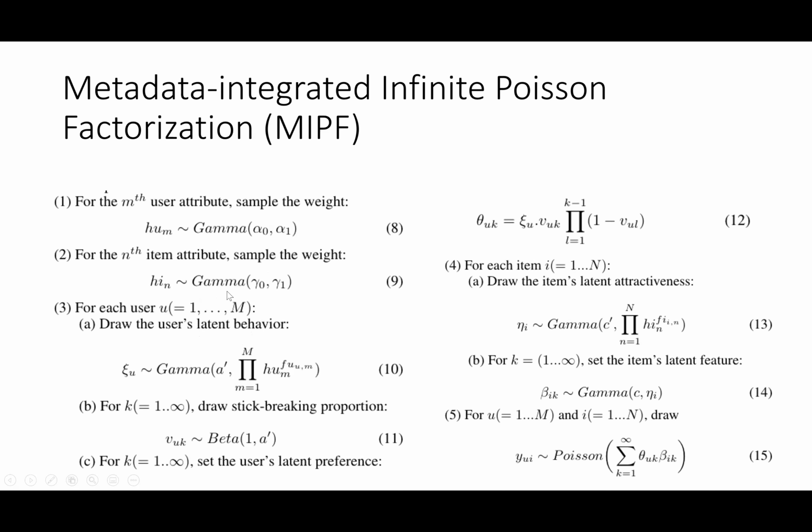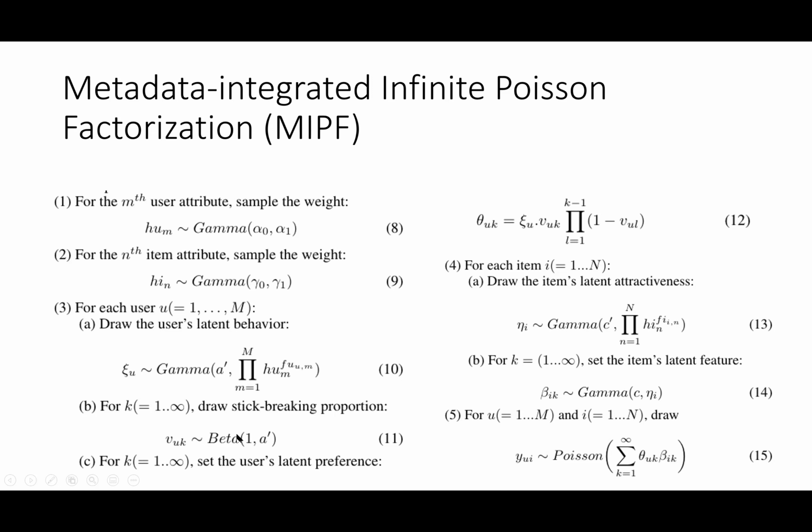Right. And there is a similar generative process for the user attributes and item attributes. But the only difference here is that after the latent behavior assumptions, we incorporate an auxiliary variable, which follows the stick breaking process in non-parametric Bayesian.